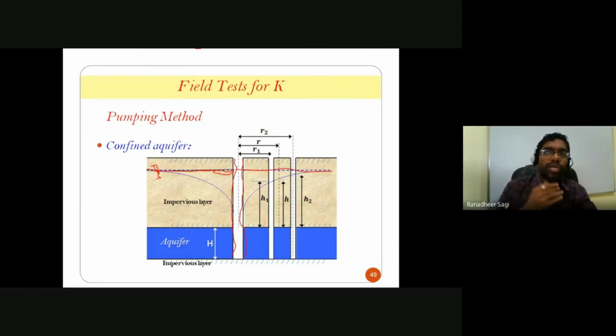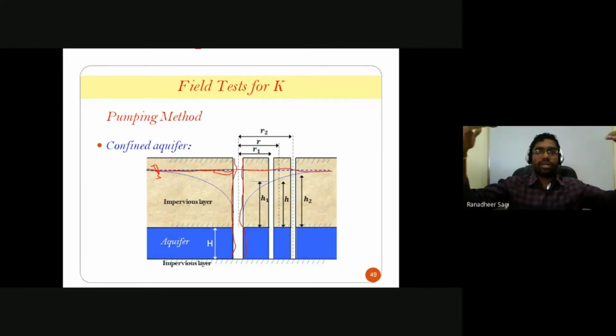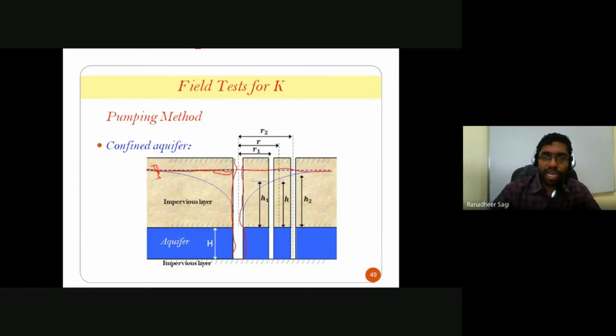Because of which you would slightly start seeing a decrease in the water table position, a drawdown in the water table position. And now what we are going to do here is, as it is said to be a pumping method, I'll be continuously pumping the water out from that particular borehole that I made. Because of the bore, water can be extracted out.